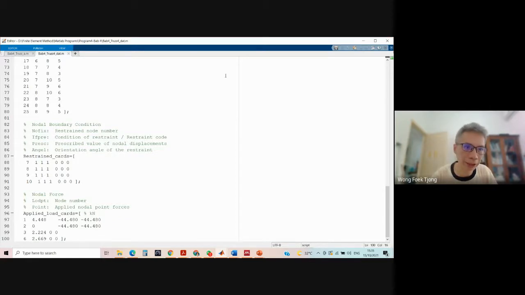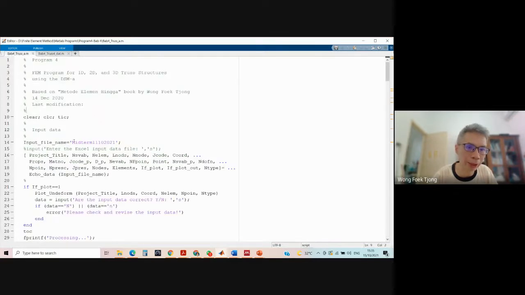Okay, and then let's run the program. How to run? First, just write the input data here. It's very easy, right? Bab 4, because this I took from my book. In my book it is bab 4.